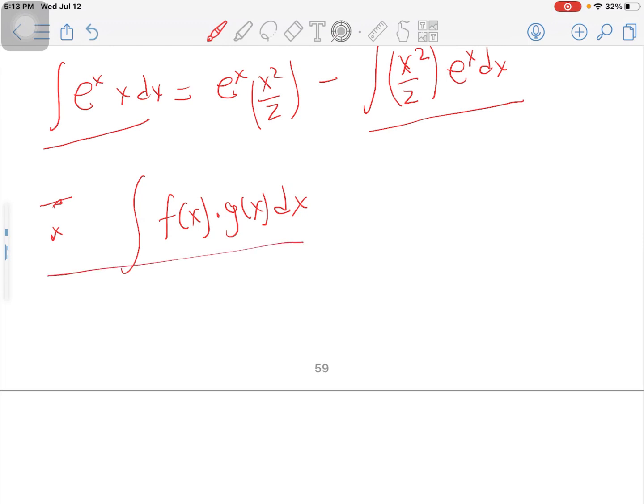In view of this, you should be able to match the example given to you to the form integral of u dv, so that you'll be able to choose your u and your dv to make your work simpler to solve.